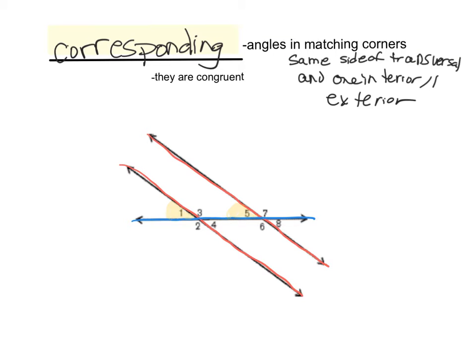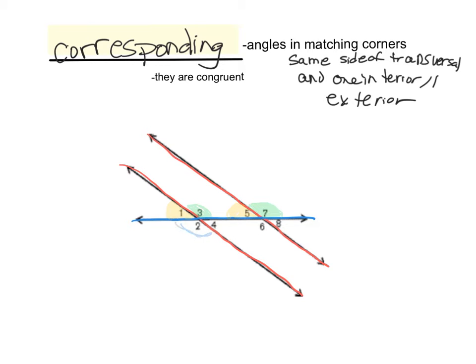Another corresponding pair, angle 3 and angle 7. They're on the same side of my transversal, but they're both to the right of the parallel lines.